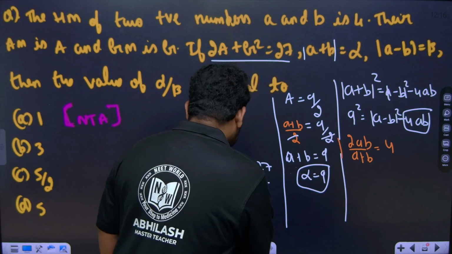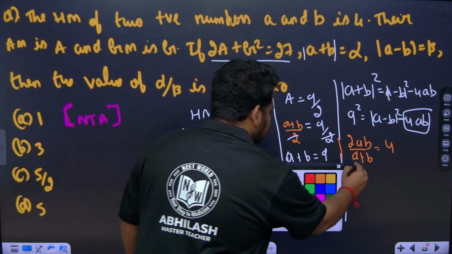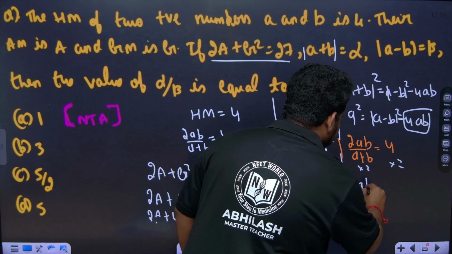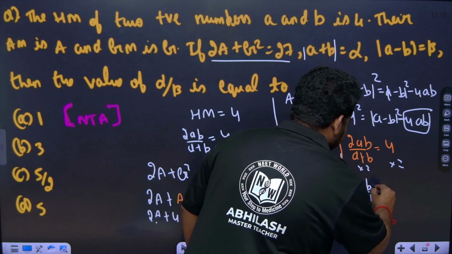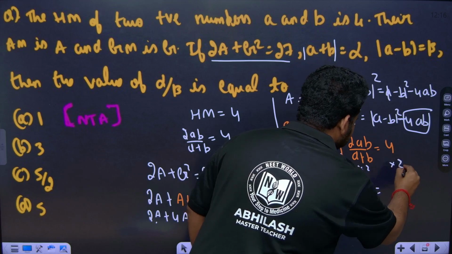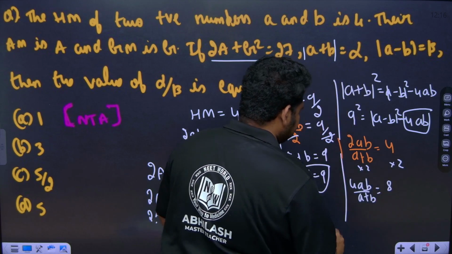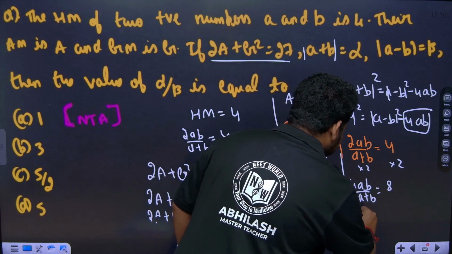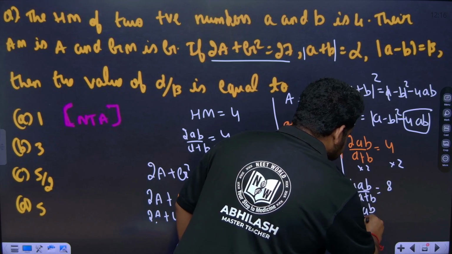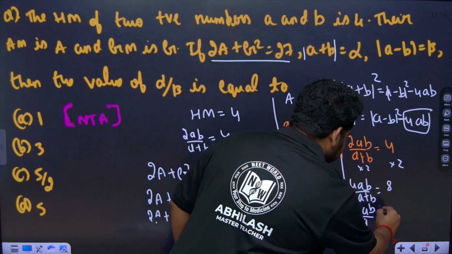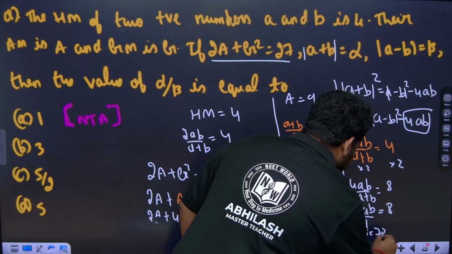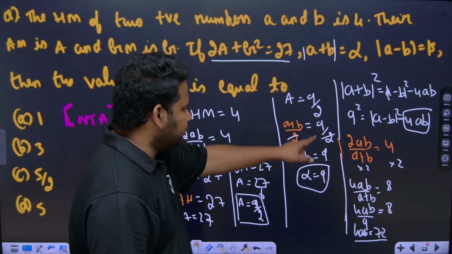So I can multiply both sides by 2. I will get 4AB by A plus B is equal to 2 into 4, which is 8. But A plus B is 9. So 4AB by 9 is equal to 8. So 4AB is equal to 72.